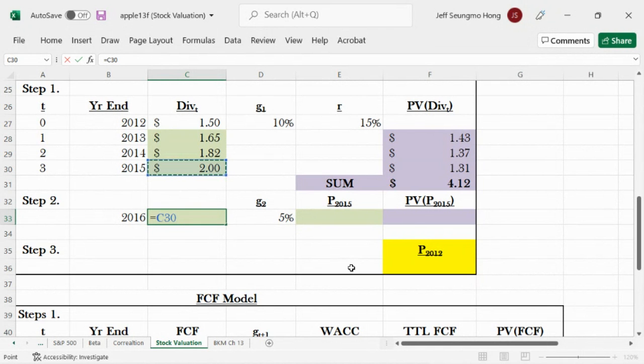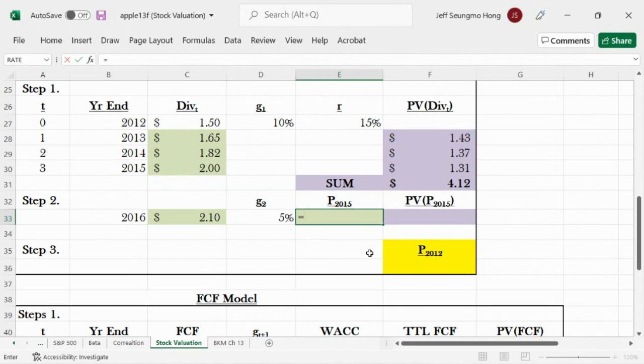We already know the dividend at time 0, so we multiply it by 1 plus the growth rate, and that's going to be the dividend at time t plus 1. In other words, the dividend in 2016.